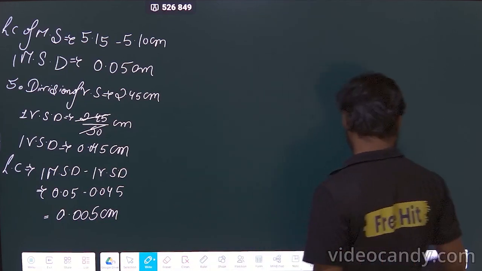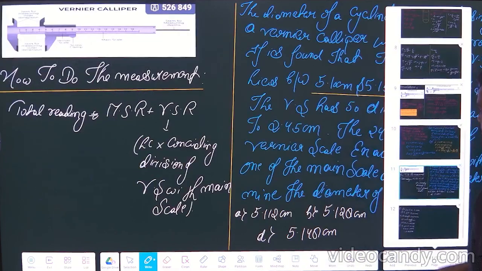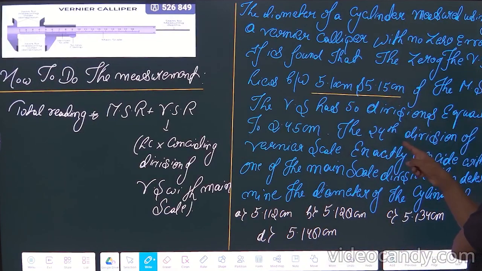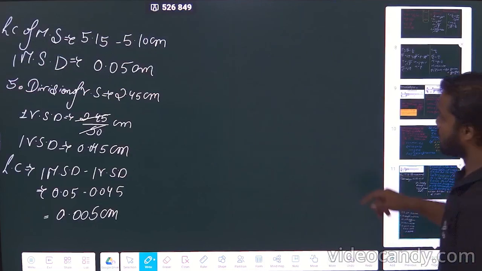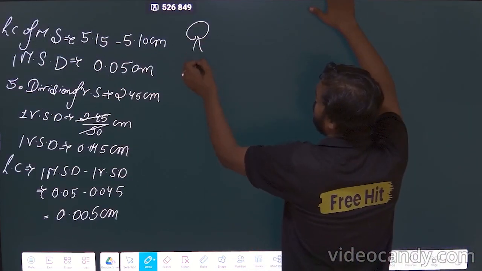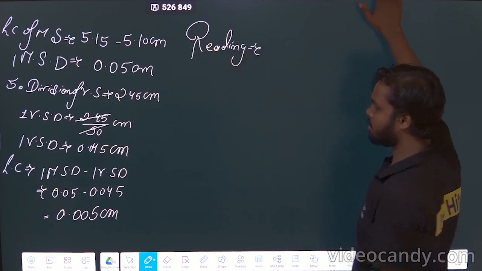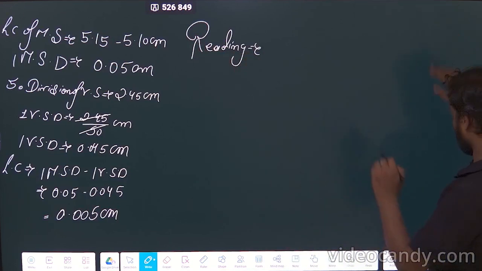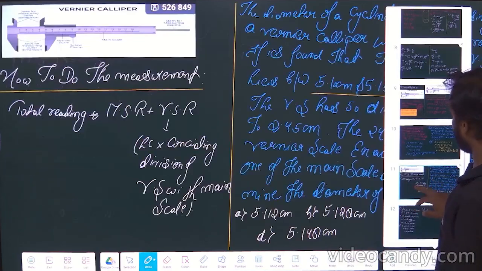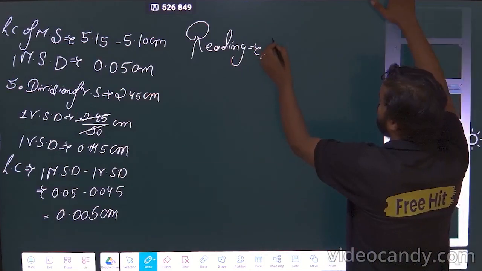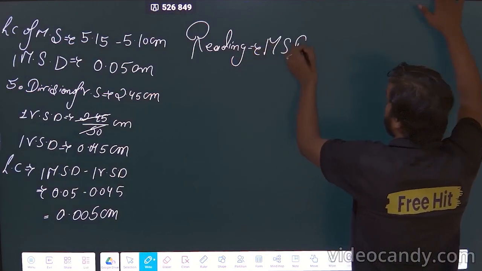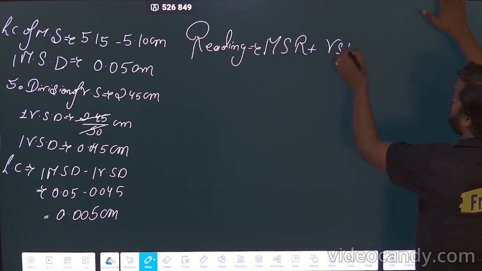Now my next thing is what is mentioned. The 24th division of the vernier scale exactly coincides with the main scale division. Then determine. Okay, now the next thing is very easy. See what is the reading. My reading will be main scale reading plus vernier scale reading, correct?